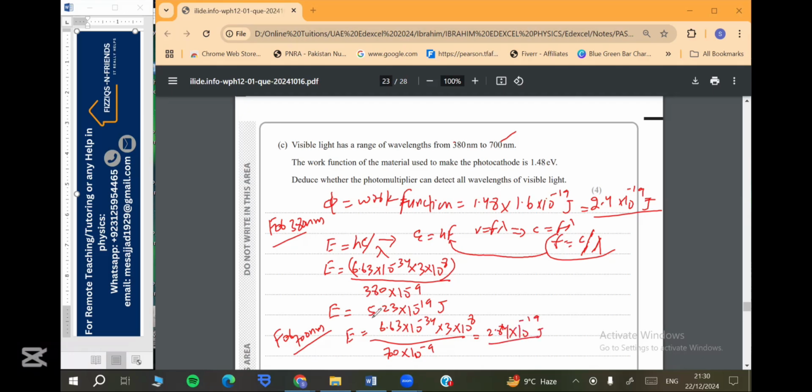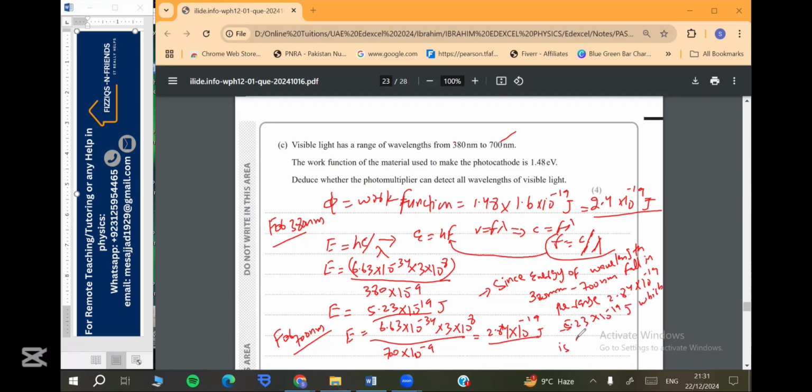Now you see that the energies of wavelengths from 380 nanometer to 700 nanometer fall in the range 2.84 into 10 raised to the power minus 19 to 5.23 into 10 raised to the power minus 19, which is greater than the work function or minimum energy required to do the photoelectric effect, 2.4 into 10 raised to the power minus 19 joules.